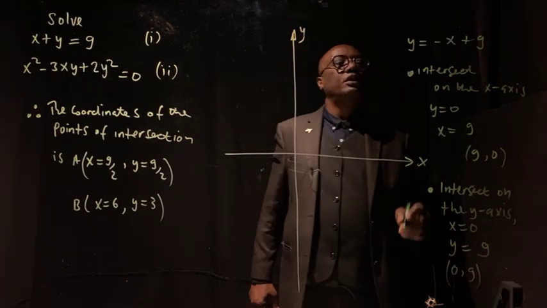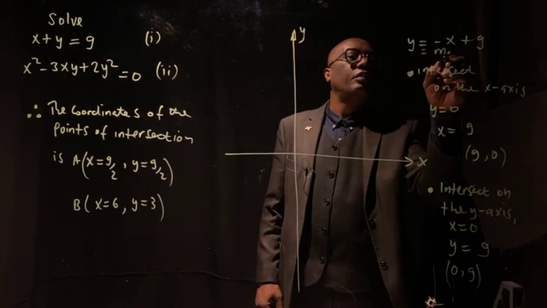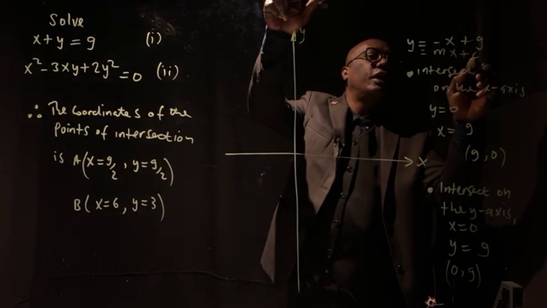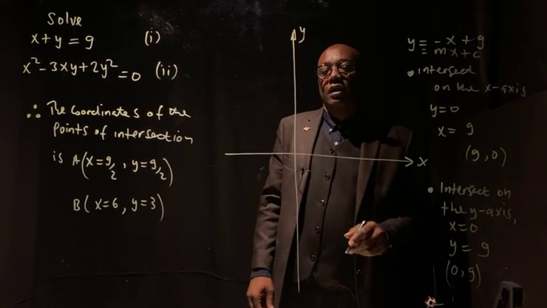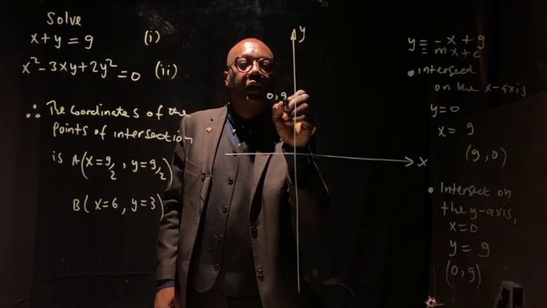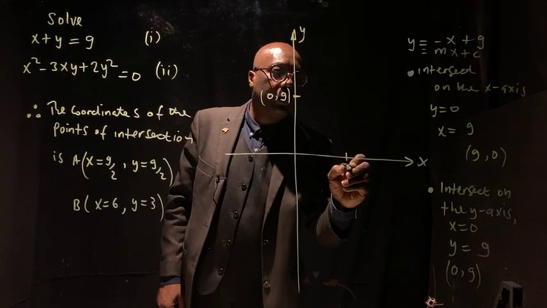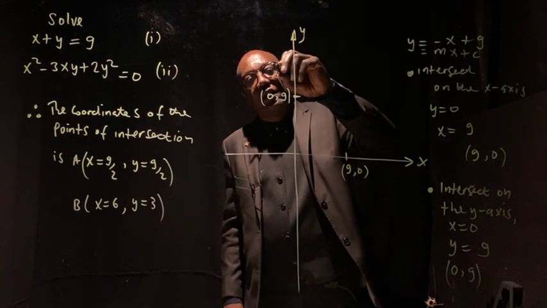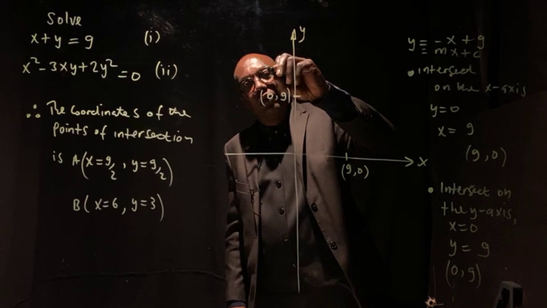But if you watch this equation carefully, you can see that it is of the form mx plus c, where the y-axis intercept is 9, and the gradient is minus 1, a negative gradient. Assuming here is 9 being the y-axis intercept, and here being the 9 being the x-axis intercept, then you can see that the line will be something like this.